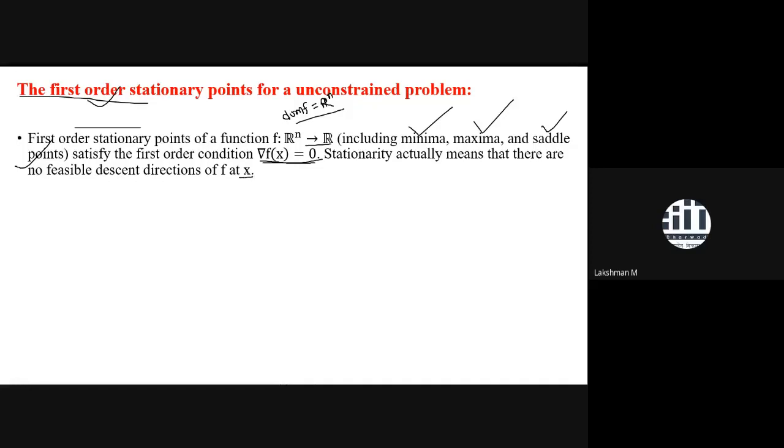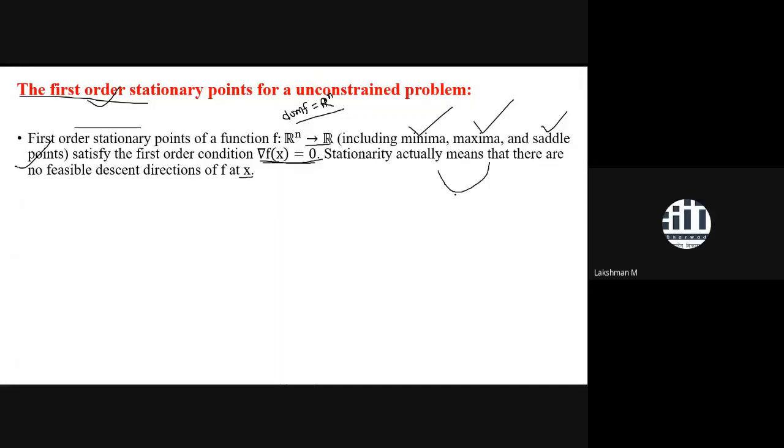If x is a stationary point, the gradient has already vanished there, so in a small neighborhood of x there is no descent direction.